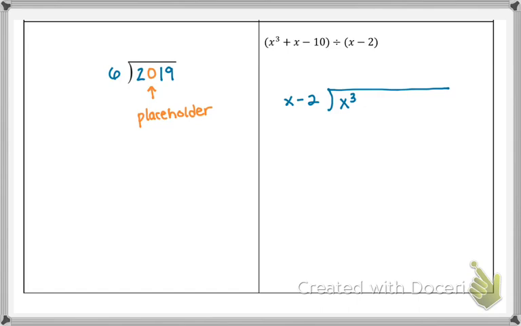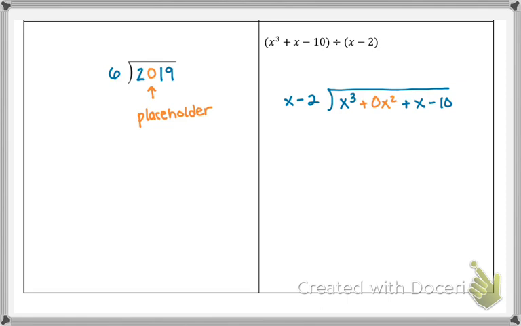And then the next term in descending order should be x squared, right? But I don't have an x squared term. So what I'm going to do is put a placeholder there, plus 0x squared as a placeholder. And then I'm going to keep going, plus x to the first power, which I have a term, minus my constant. So every single term has a spot, x cubed, x squared, x to the 0 power. Okay, so if there's a term that is missing in between, you got to put a placeholder.